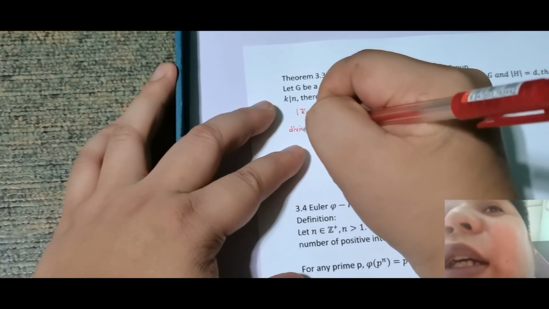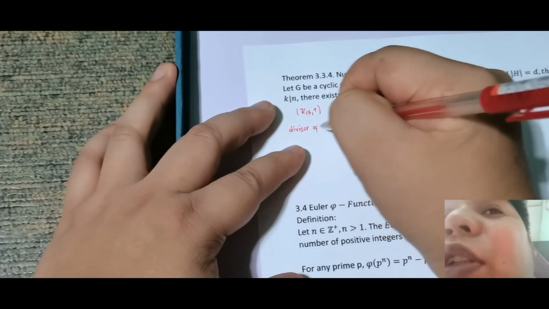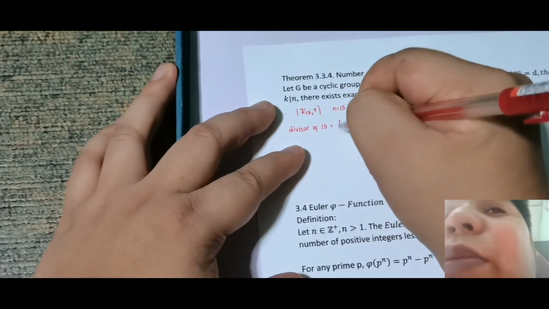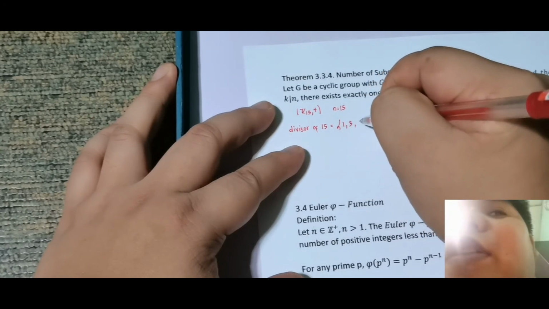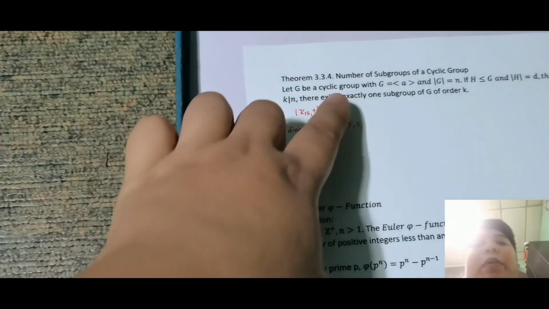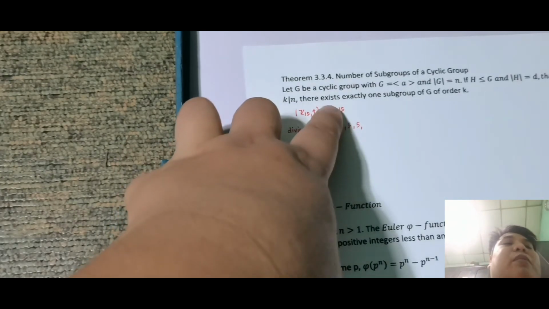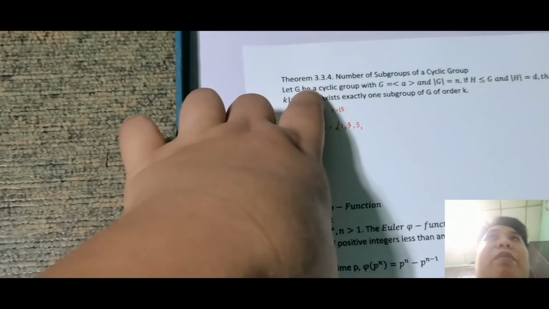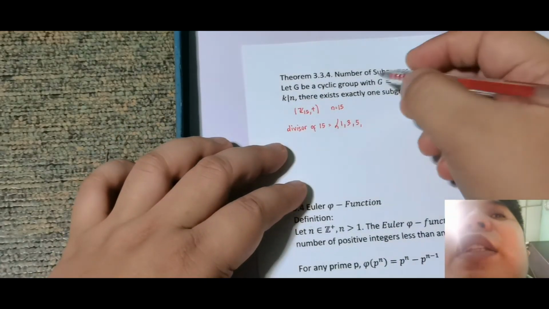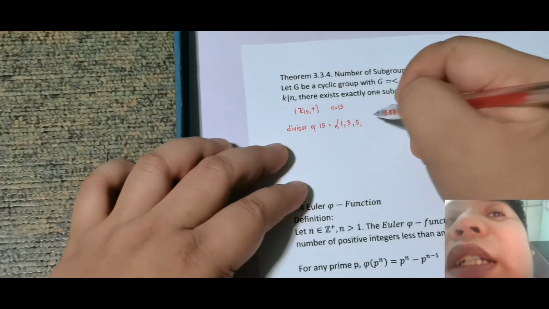So kunin mo yung divisor of 15. So ang divisor ng 15 is una si 1. Okay, sunod si 3. Sunod si 5. 15 divided by 1 is 15. 15 divided by 3 is 5. 15 divided by 5 is 3. Sunod, 10, hindi pwede. Okay, and lastly this is 15.